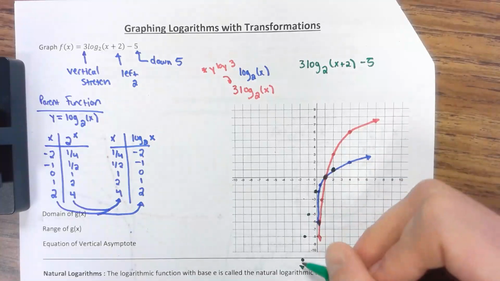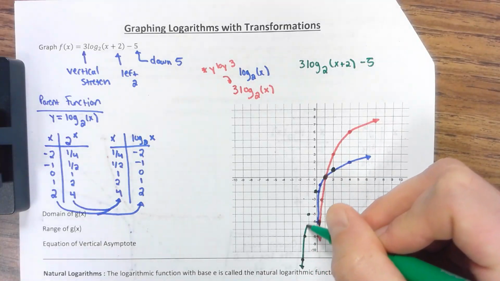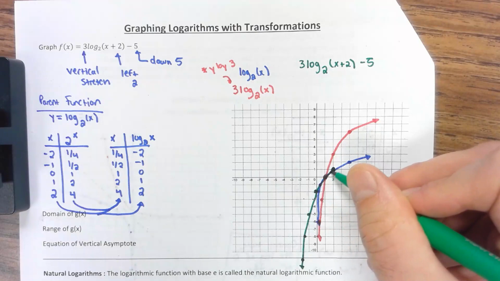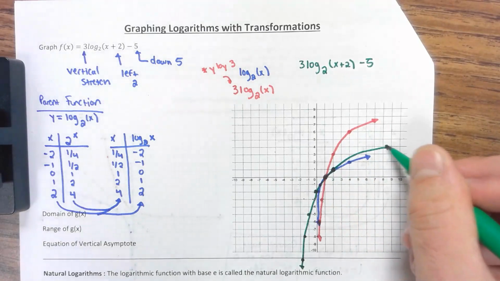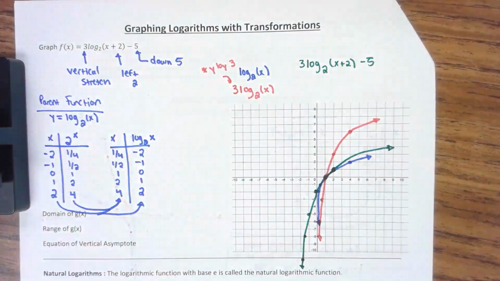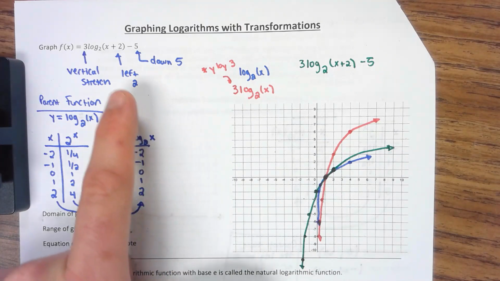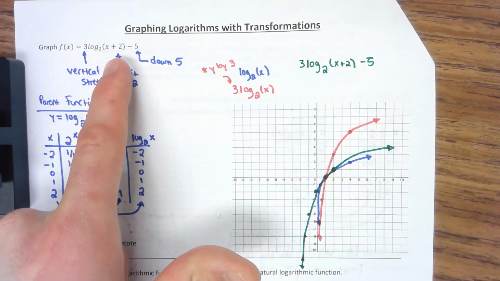And so it does get kind of congested with 3 different graphs all in one. That's why the colors help. That's it. So the only thing that we have not done and have not added in here is the vertical asymptote. That vertical asymptote essentially comes from the horizontal shift, right?